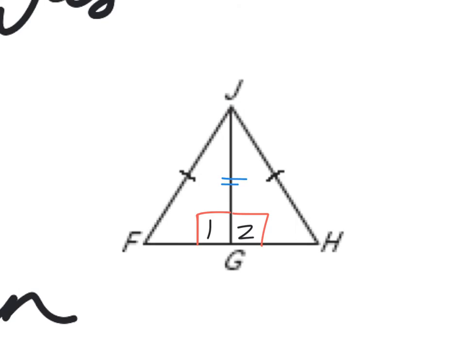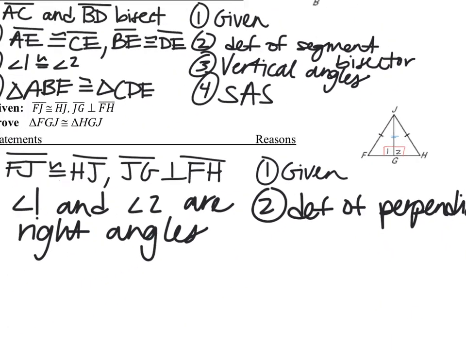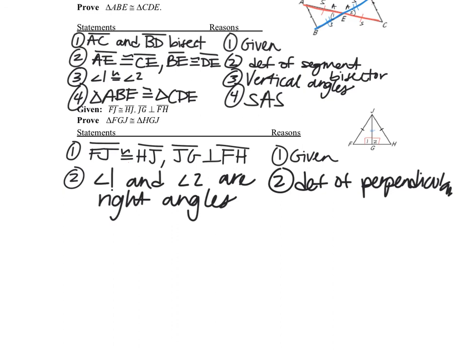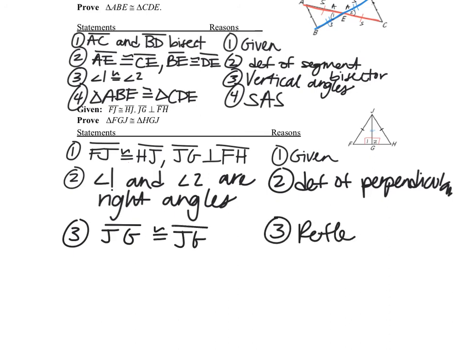That one's reflexive, it's shared, so JG is congruent to JG. You have to tell me that. Because it's the shared one in the middle, reflexive, it's congruent to itself. You have right triangles. Double check.